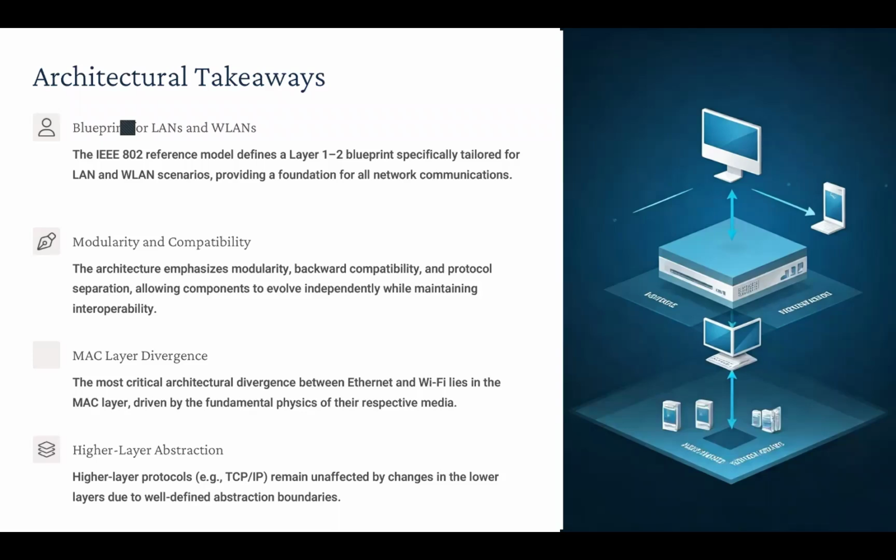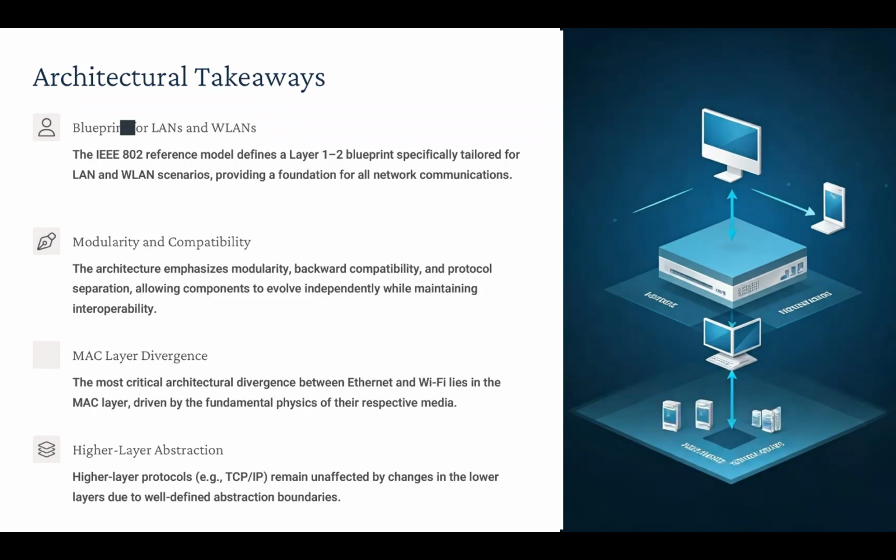That modularity in the IEEE 802 model allows the network designer to mix and match technologies, and they can do that while maintaining a coherent system.